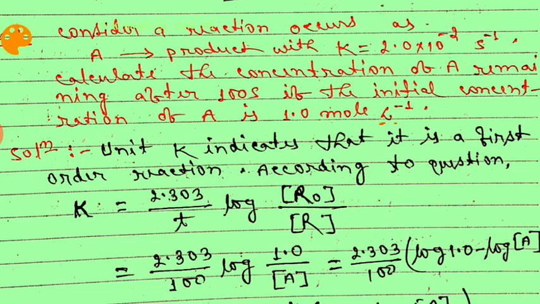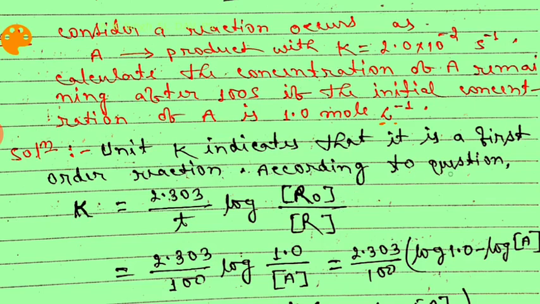Solution: the unit of K clearly indicates that it is a first order reaction, because the SI unit is second inverse and second inverse is the unit of first order reaction.